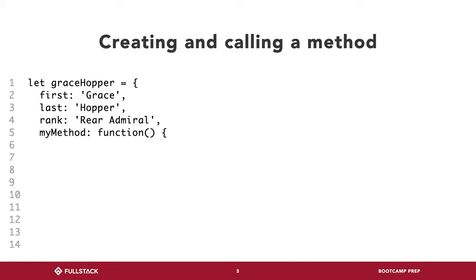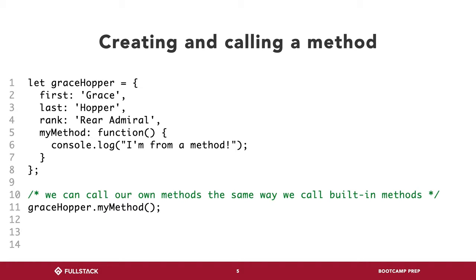So now we'll add myMethod as a key, and that will be a function that just console logs "I'm from a method." We call that method the same way we call any other method, like .push or .indexOf: you do graceHopper.myMethod and invoke it because it's a function. The console will read, I'm from a method. Right? Cool?